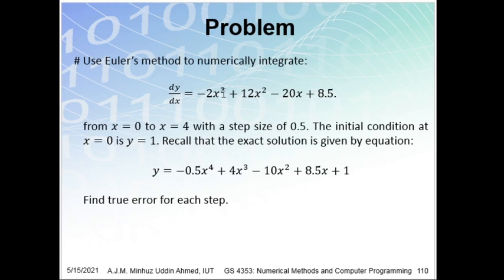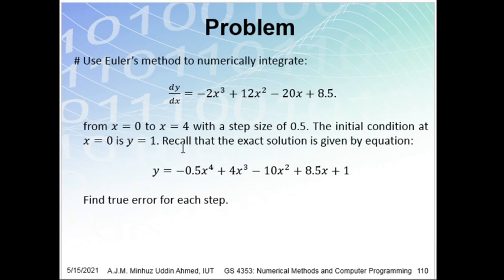This is the slope, which we know. The initial condition is that at x equals 0, y equals 1. That is, we know the value of the function y at x equals 0. This is called the slope function, but this is the original function, and we don't know the original function; we know its value at x equals 0 only.